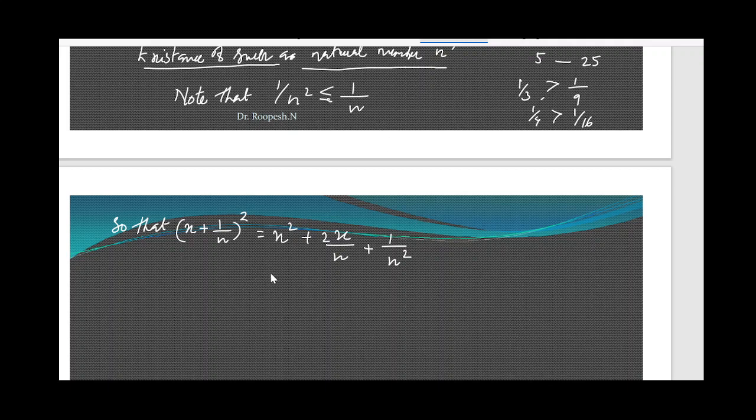So this value is less than or equal to x square plus 2x by n plus 1 by n, right? Now this can be written as x square plus 1 by n is common, I'm taking outside. So 1 by n into 2x plus 1.